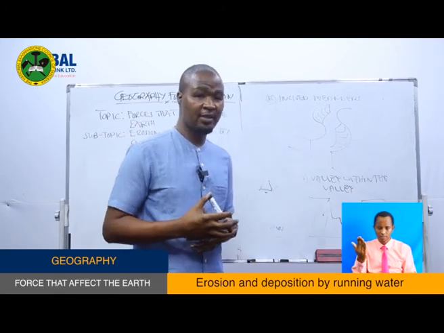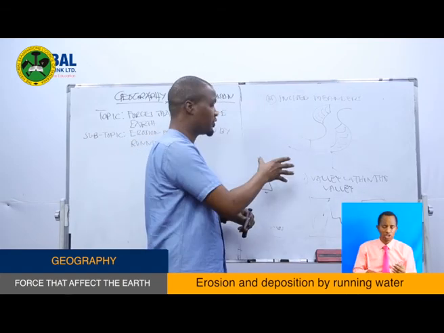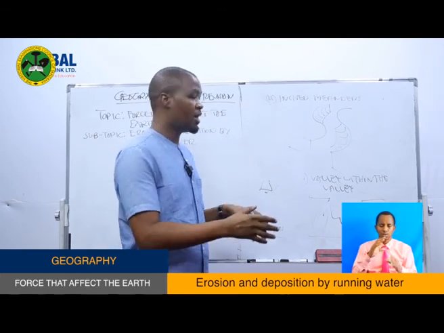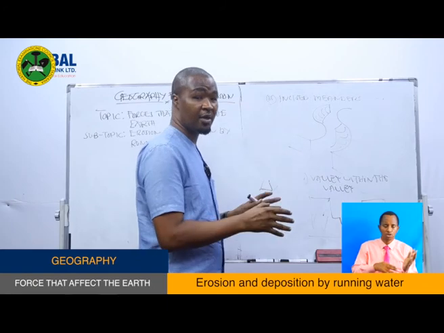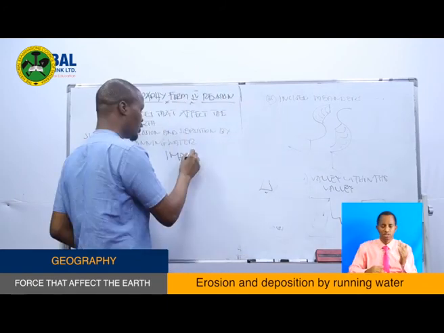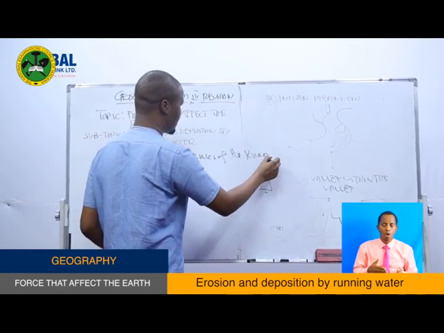Let me rewind the session by explaining the importance of the river, because we have talked much about river erosion, river deposition, river transport, and different characteristics at the upper, middle, as well as the lower stage. So let me explain the importance of the river. Rivers, see?